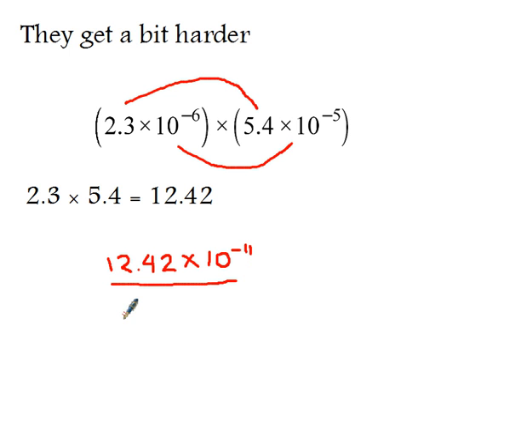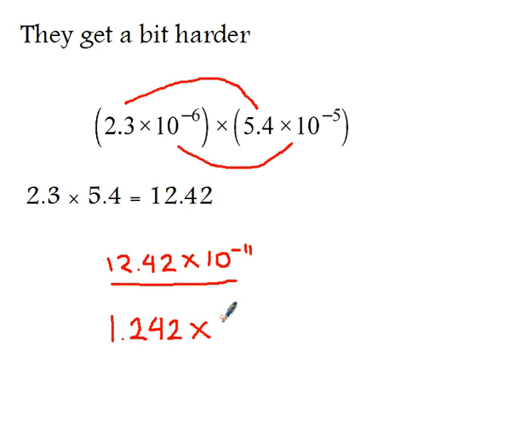What I need to do is change that to 1.242. Now I want to write a scientific notation number that's the same as this. And the way to remember how to do it is if one side gets smaller, the other side has to get bigger.